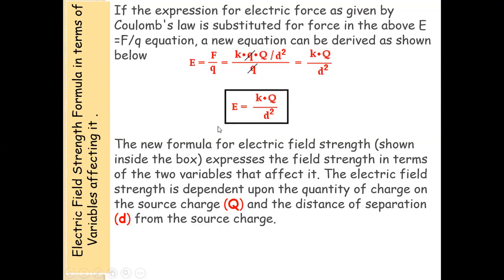So the new formula for electric field strength in terms of the variables affecting it is E is equal to kq upon d square, where q is the source charge and d is the distance of separation from the source charge.